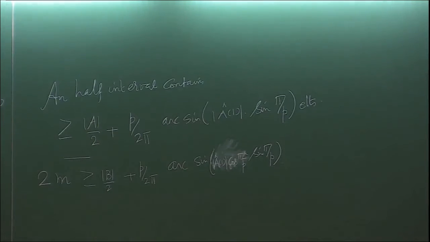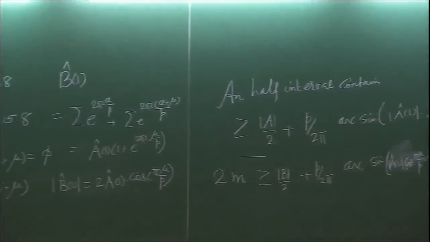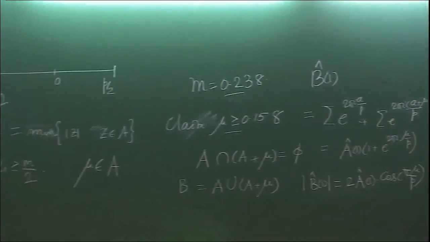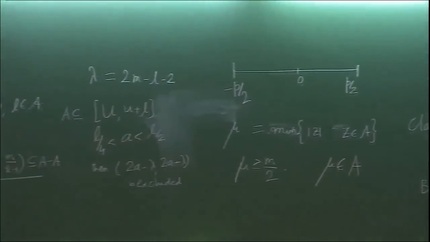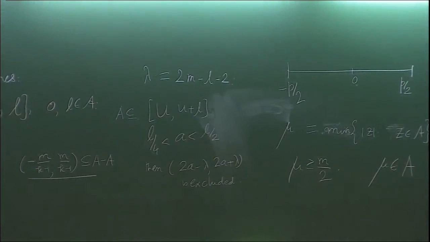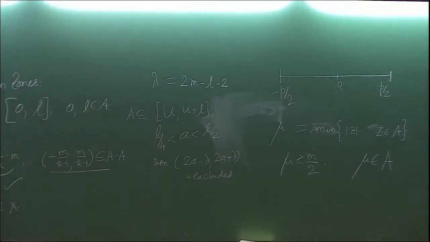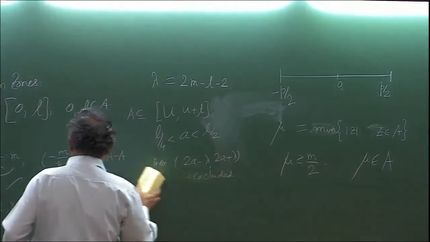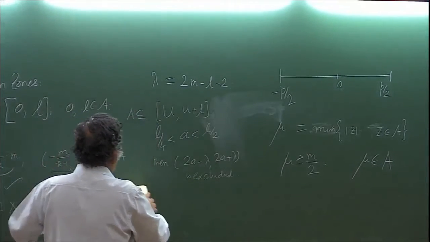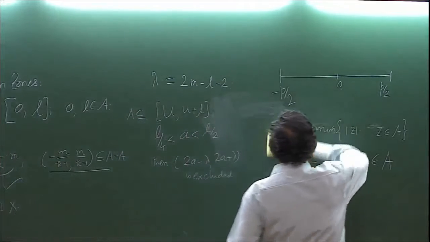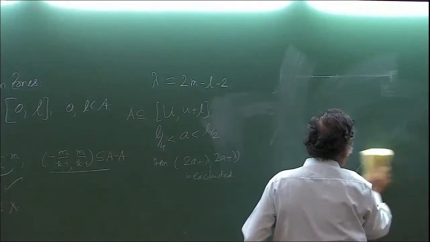Okay, therefore that is an exclusion zone. Therefore, up to mu there are no elements of A. Okay? That is the situation we are in now. Yeah, now I need these things. The mu part I can forget.